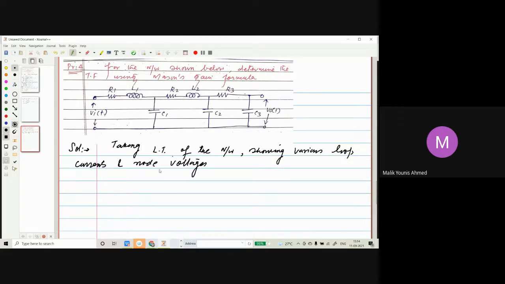Okay, so I have to draw this. I cannot copy this.